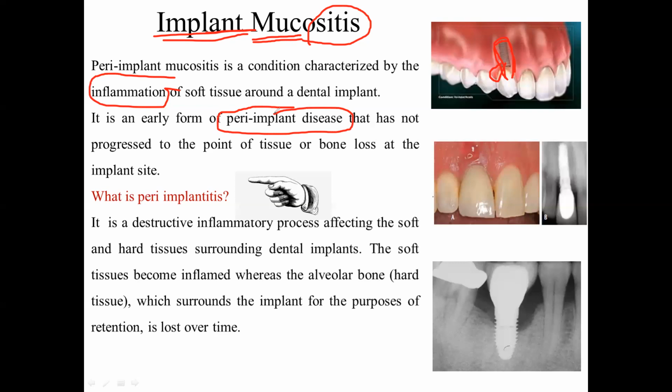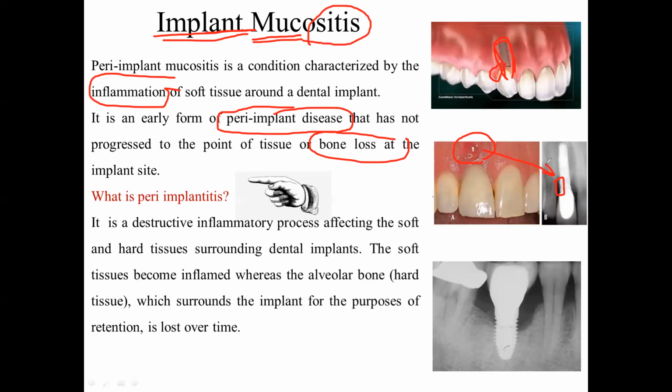So there is a little difference between implant mucositis and peri-implantitis. The only difference between these two is that in implant mucositis, you have an inflammatory condition present in the mucosa, but no bone loss. This is the natural bone loss which was already present, but no new bone loss, only the inflammatory condition around the mucosa.